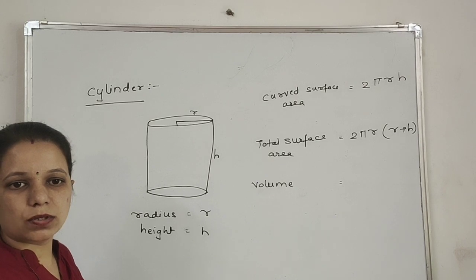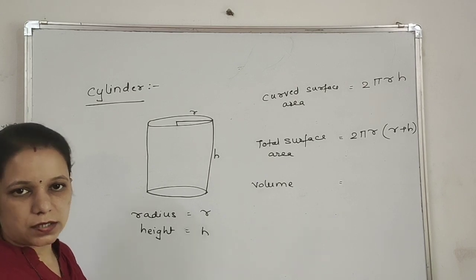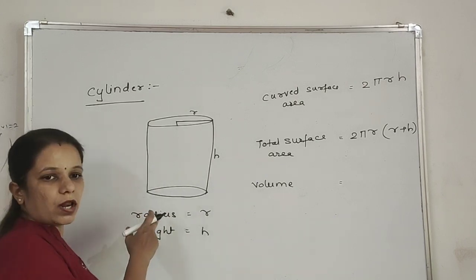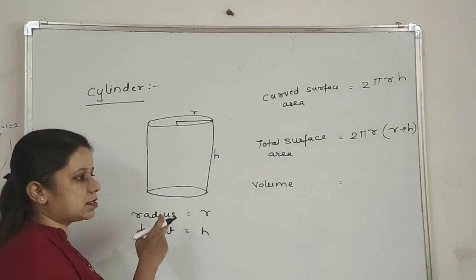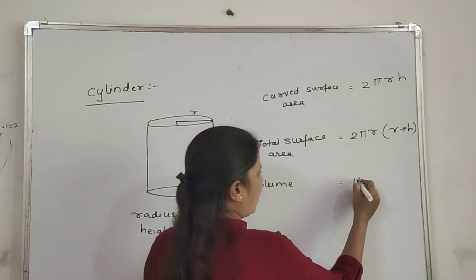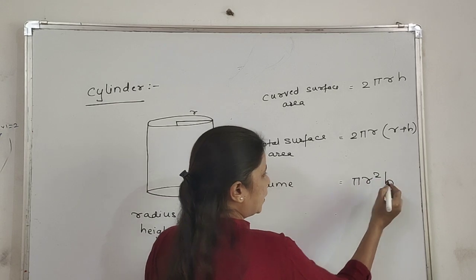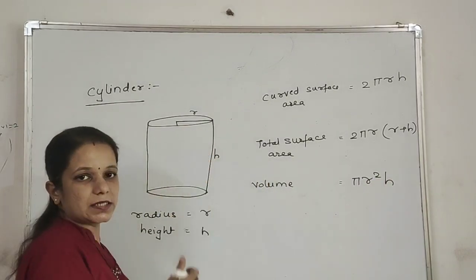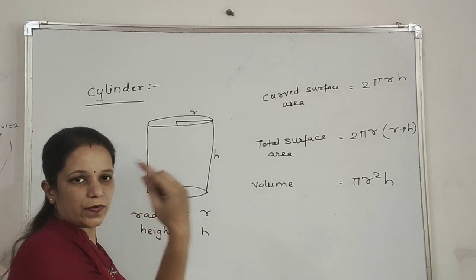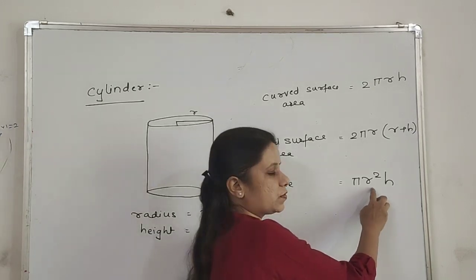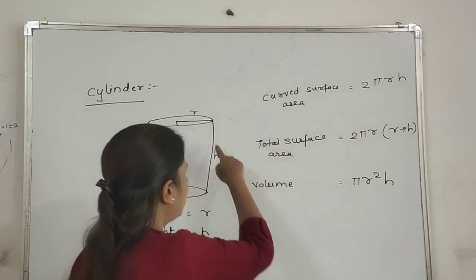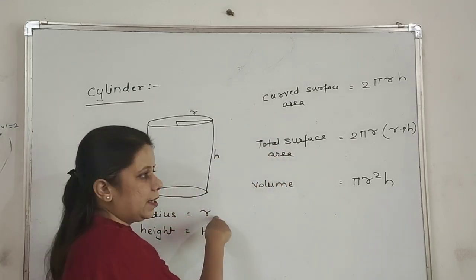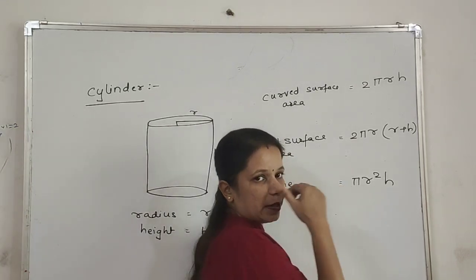This is total surface area for cylinder, and volume of the cylinder is given as pi r square into h, because volume means the capacity of the cylinder. It is circular in shape, so it is area of circle pi r square into, since it has height, you will multiply it by height.